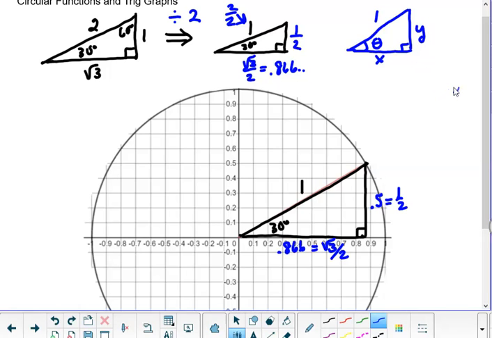So cosine of theta equals x over 1, which is just x. Sine of theta equals y over 1, which is just y.